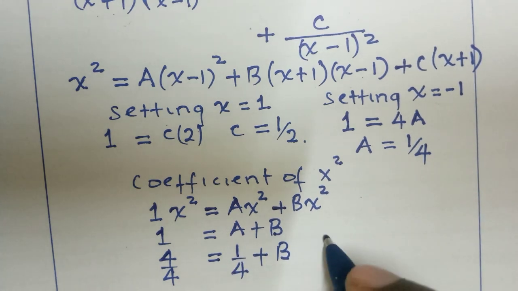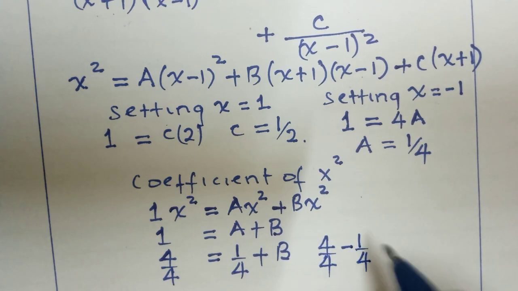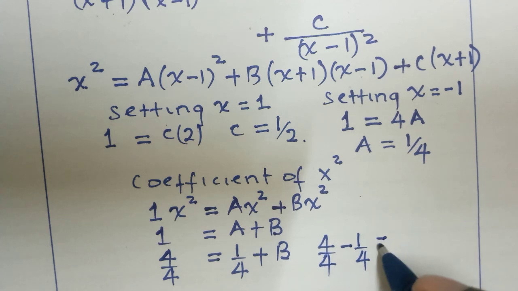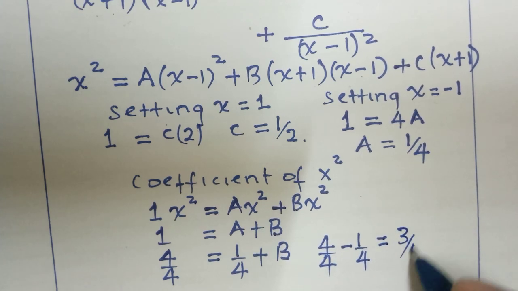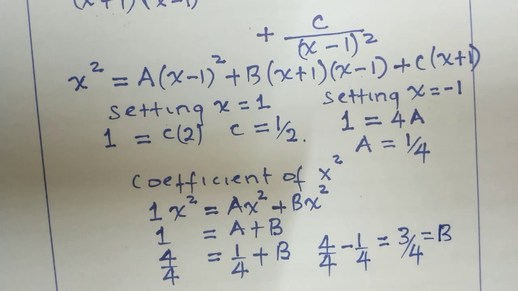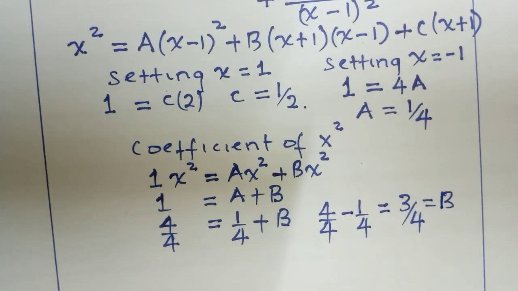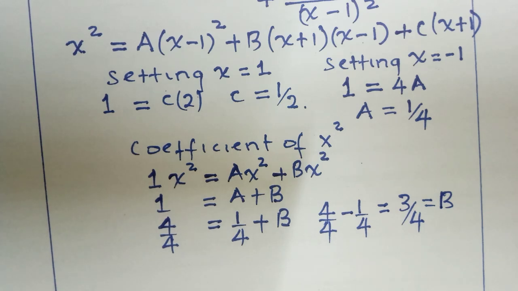So we shall have 4/4 minus 1/4. And so, guys, we shall have our b equal to 3/4. I hope, guys, you are following me up. So now we have b being 3/4.